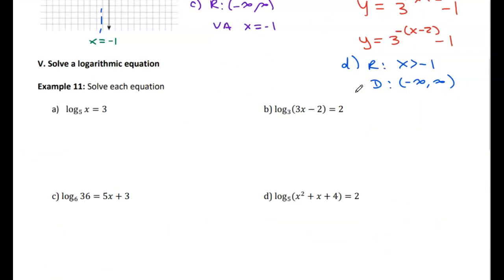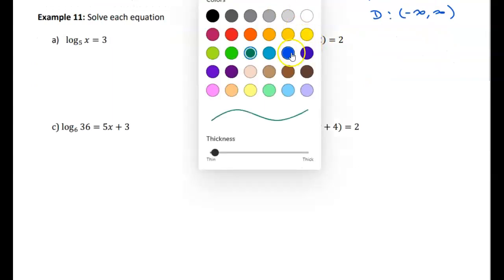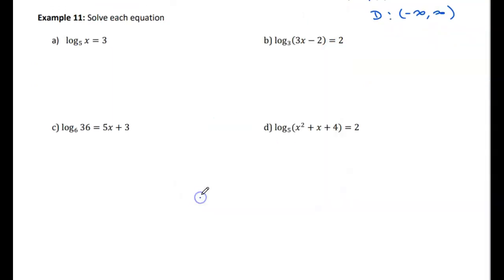All right, so last little bit in this section, we're going to solve logarithmic equations. So the best thing to do is change them to exponential form. Okay, so part A, we have log base 5 of x equals 3. We're going to write this as 5 to the 3 equals x.